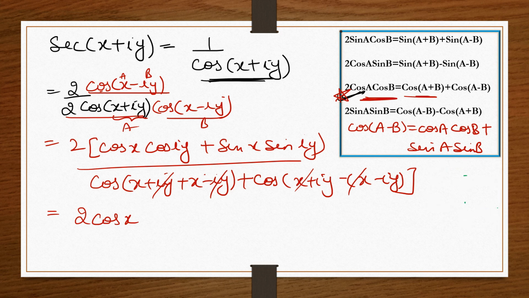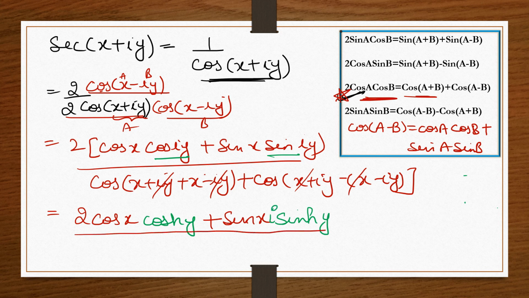So what you'll get is cos hyperbolic y, and plus sin x as such, and this will be sin hyperbolic y along with this iota. And in the denominator, we'll have 2 also because we are multiplying this 2 with both the terms, and here you'll get cos 2x plus cos iota 2y.